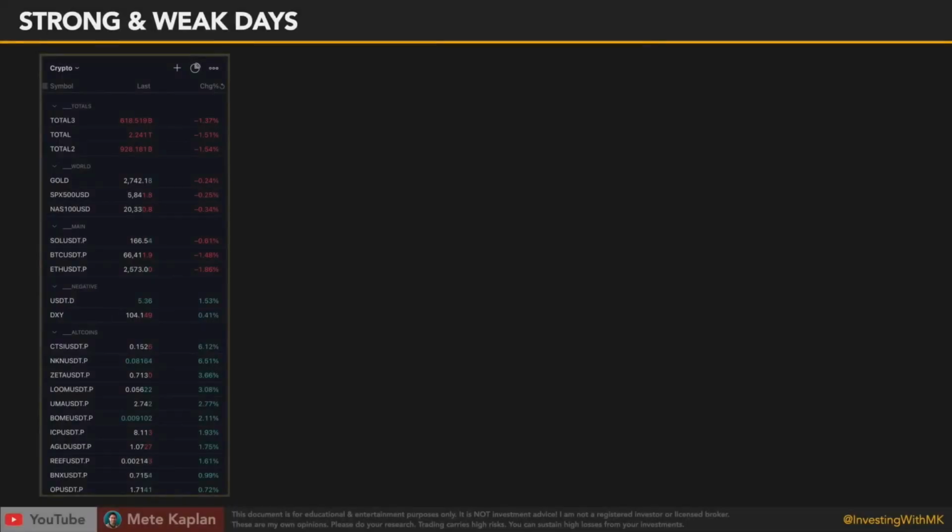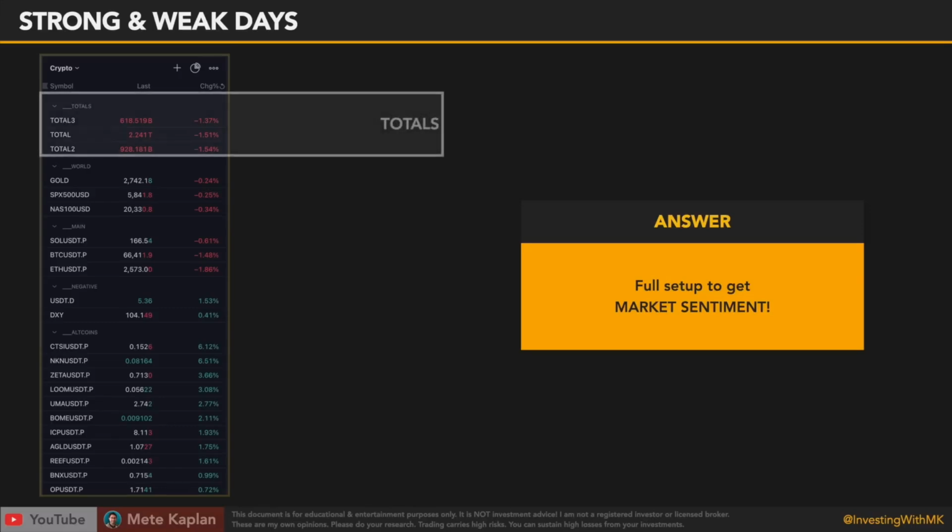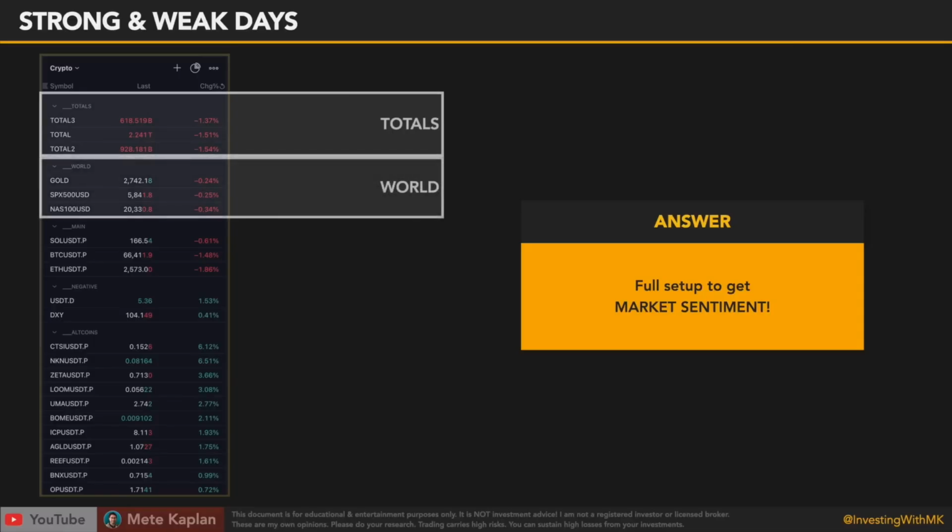So, at the end, how to set up a good list to see everything happening in one single layout. You can see the tickers here. This is my usual list to trade nowadays. I try to update you with my changes as soon as possible. I have the totals. I have the world, mostly stocks and gold.